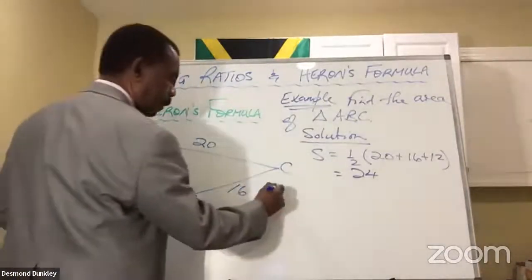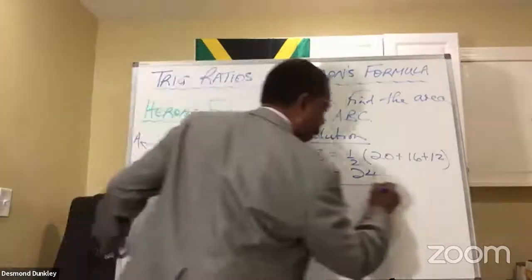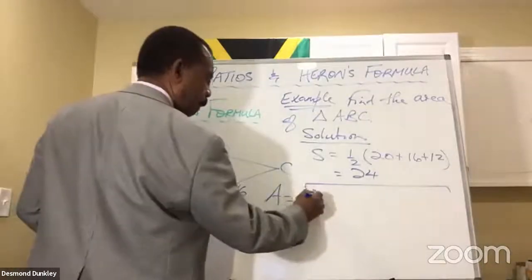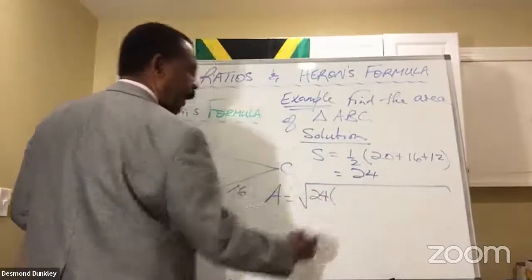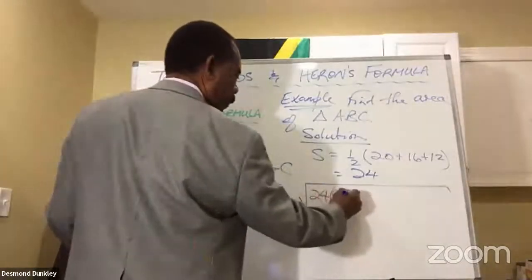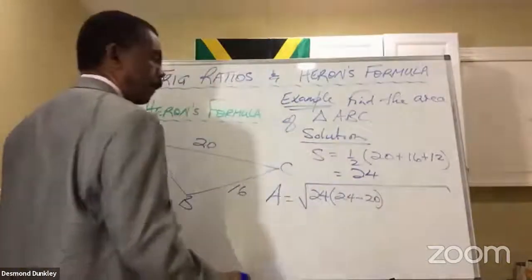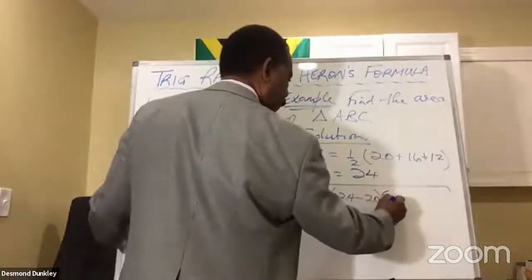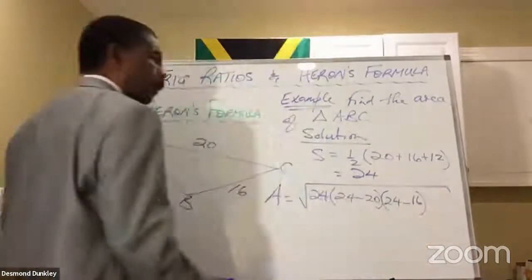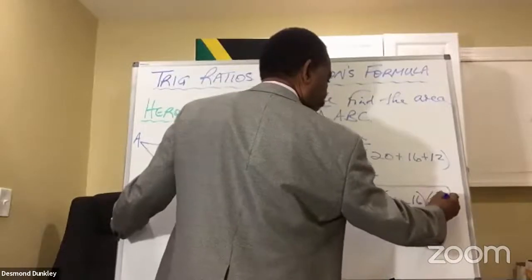The area is going to be equal to the square root of 24 times 24 minus 20, then 24 minus 16, then 24 minus 12.